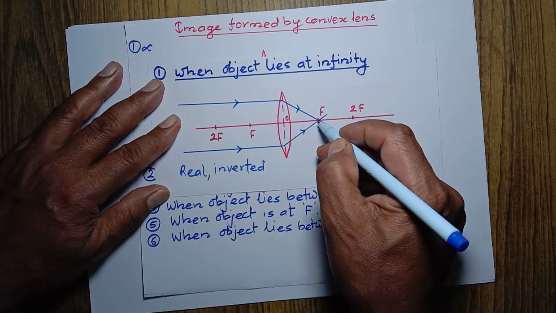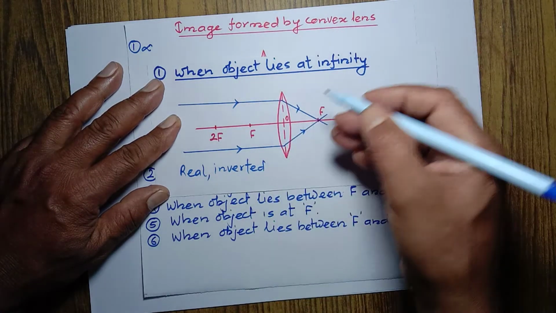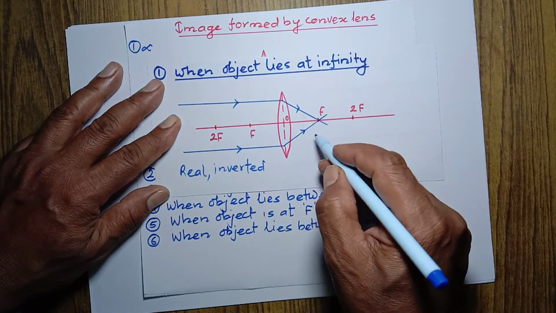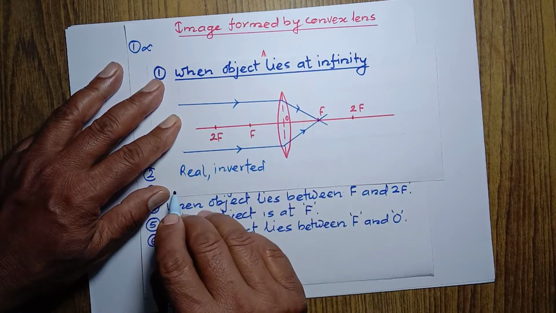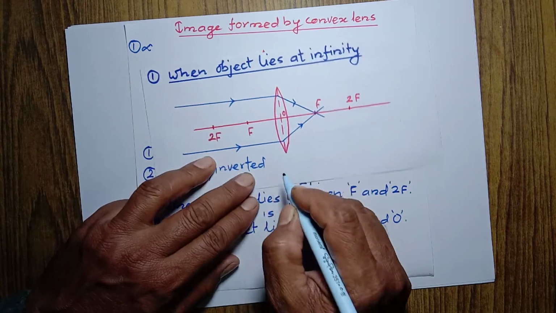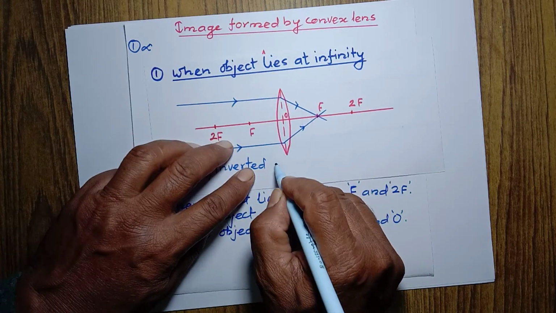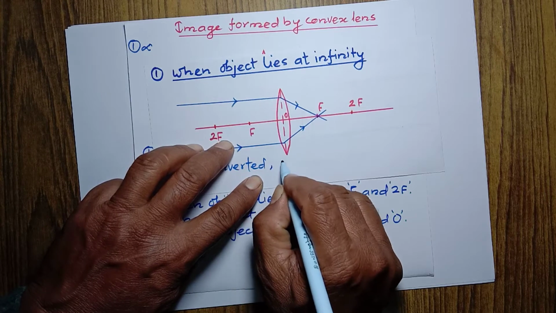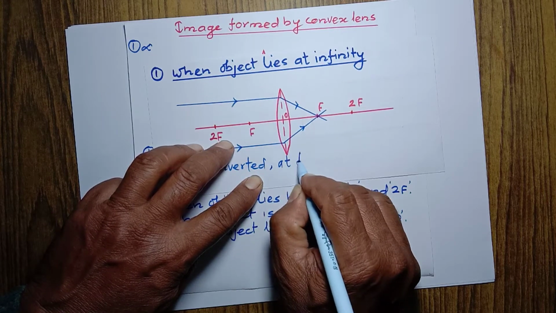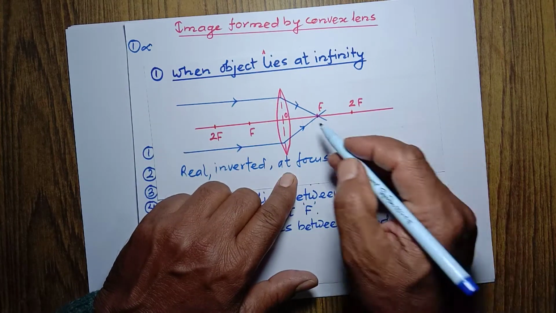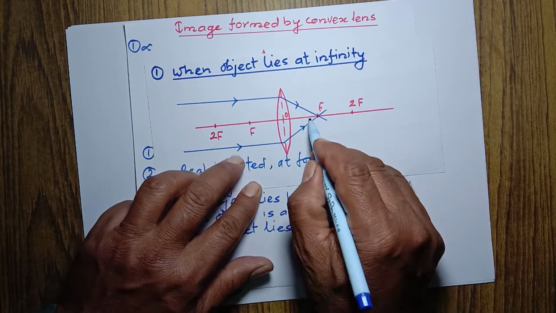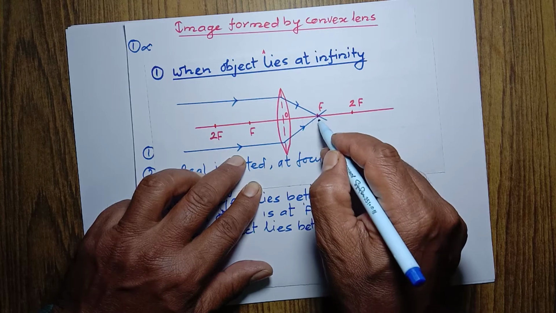At this time we are not able to see this image, but in another diagram we will be able to see the inverted image directly. And this real and inverted image forms at focus. Where does it form? At focus. It is so small that we are not able to see it now.